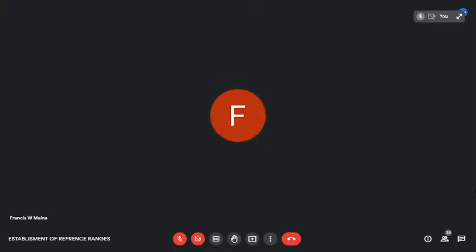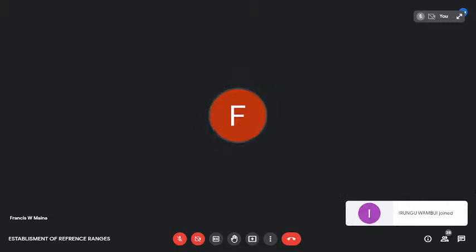So now we recalculate the mean again. We have removed outliers as a requirement of statistical theory. So we are left with 198 parameters, and we recalculate the mean.